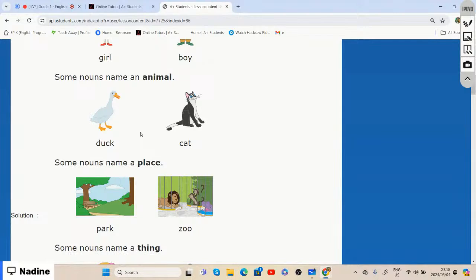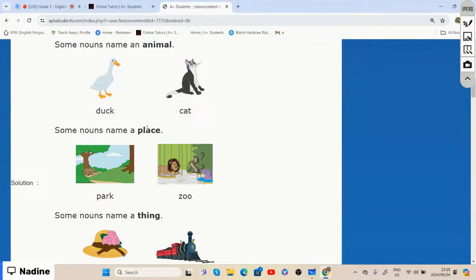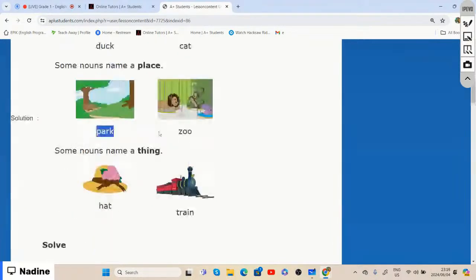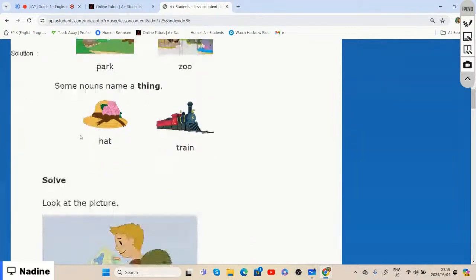Or some nouns name a place, for example, the park or the zoo. Because remember, it can be any zoo, it can be any park. It doesn't necessarily have to specify which kind of park, right? And nouns also name things like hats and trains and rulers and pencils and books and laptops, for example, right?